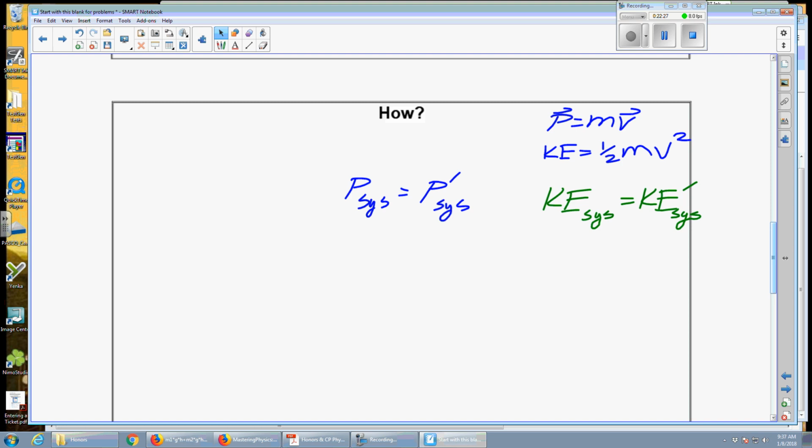Right? That's because it's elastic. So beforehand, I had the momentum of the hammer. Afterwards, I had the momentum of the hammer prime plus the momentum of the rock. Same for kinetic energy.